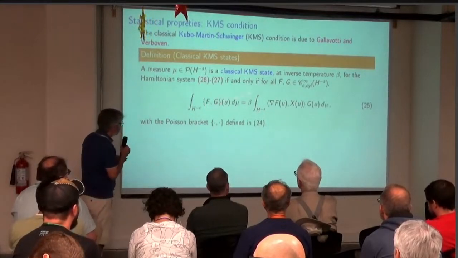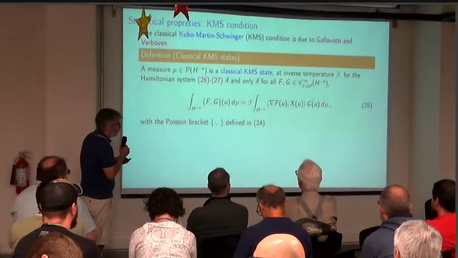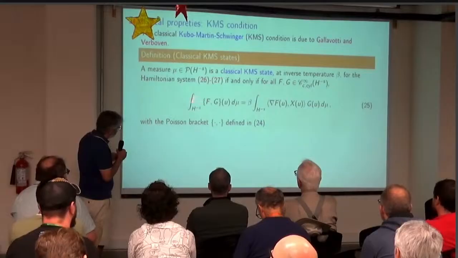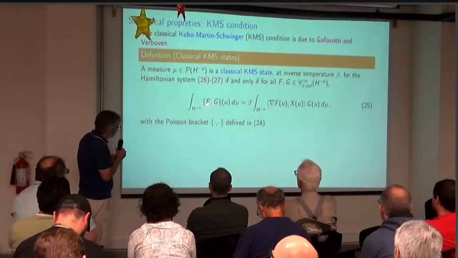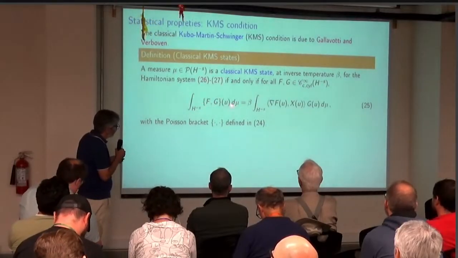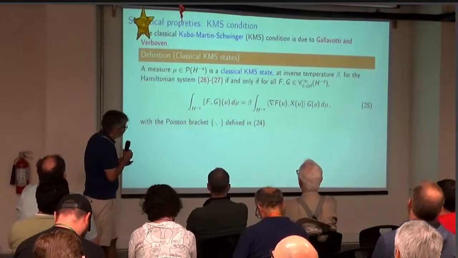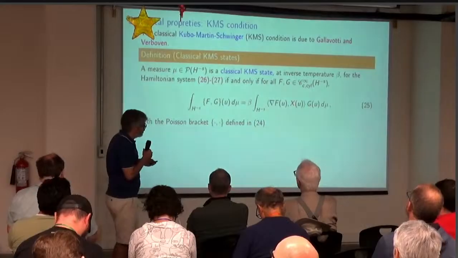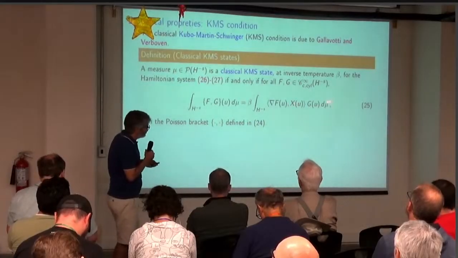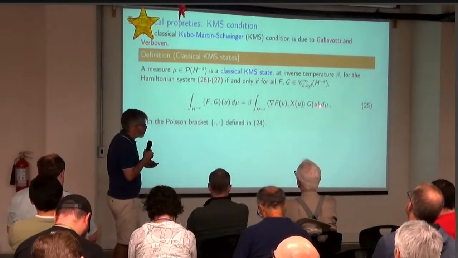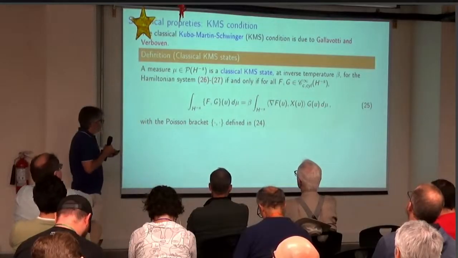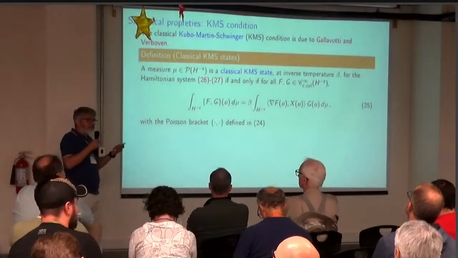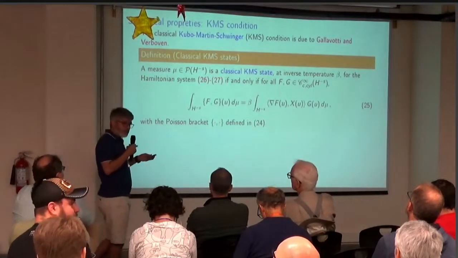For any test functions f and j, the integral with respect to the Poisson bracket of f and j with respect to this probability measure should be equal to the gradient of f applied to the vector field related to the dynamical system, multiplied by j and integrated with respect to the measure. So it looks like a dynamical version of the characterization of equilibrium states.